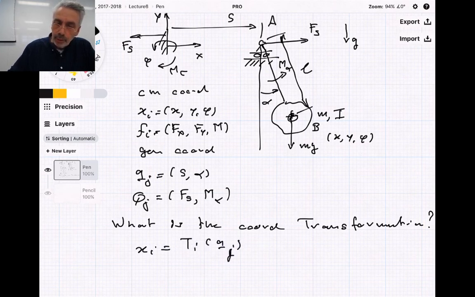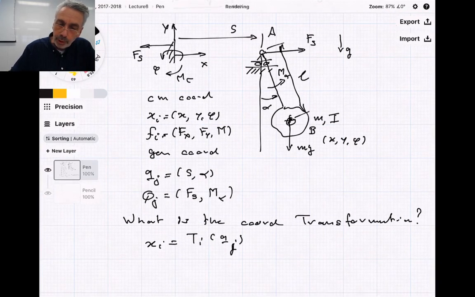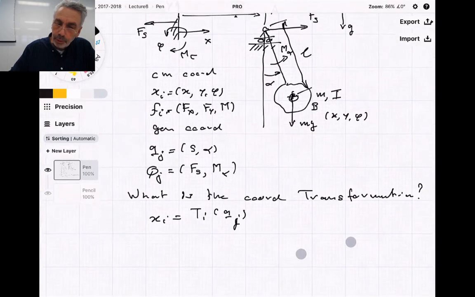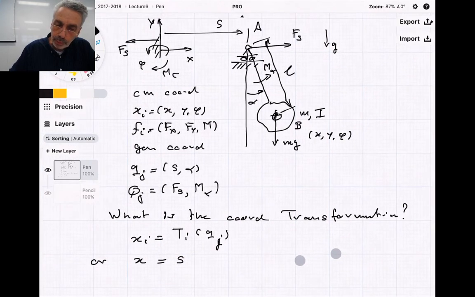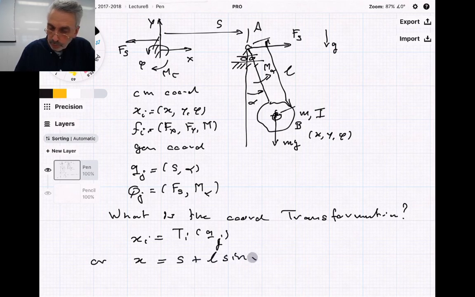Or in physical terms, what is the position of this center of mass? What is the x position? Well, that's s, that's the horizontal distance, plus this small distance, and that's this length times the sine of alpha. S plus L sine alpha.